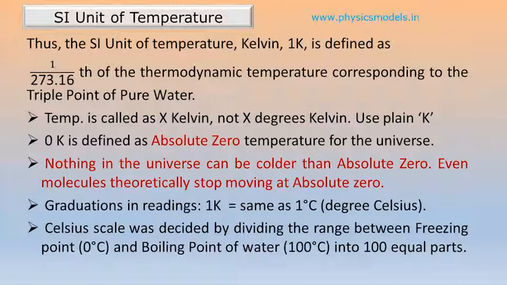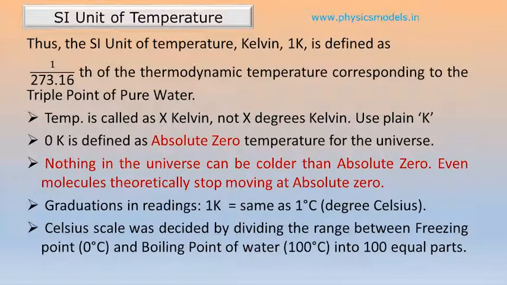The other thing is that Kelvin is always referred to as 10 Kelvin, 20 Kelvin, 30 Kelvin, etc. And it's not called 10 degree Kelvin, 20 degree Kelvin, and so on. Whereas Celsius can be referred to as 10 degrees Celsius, 20 degrees Celsius, and so on.